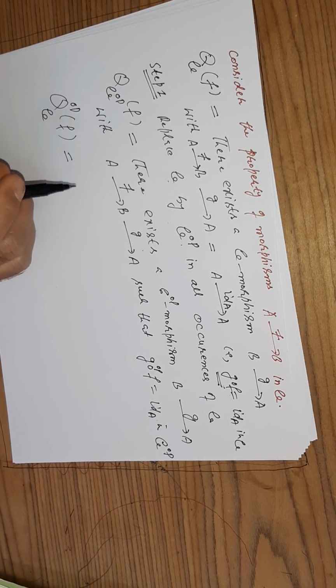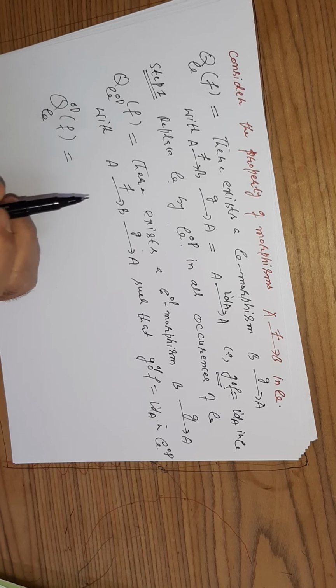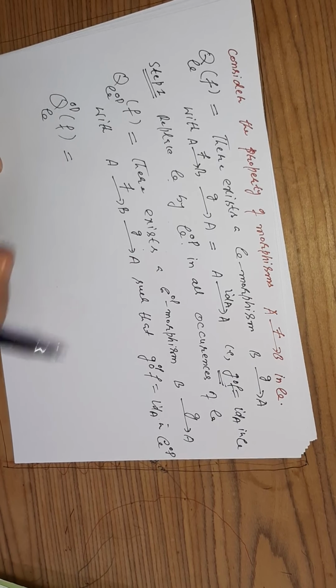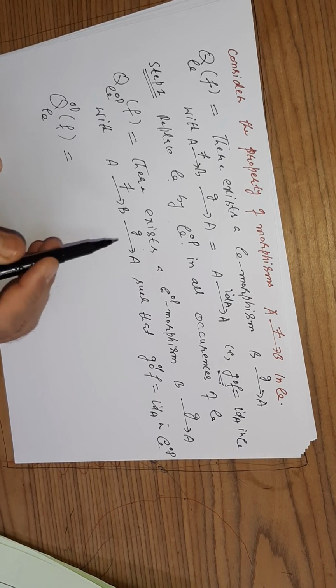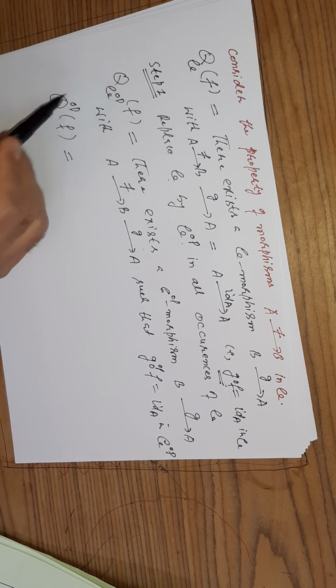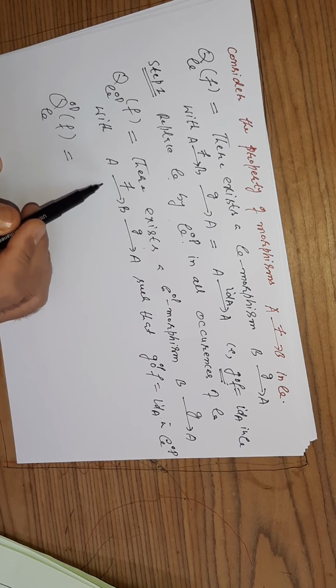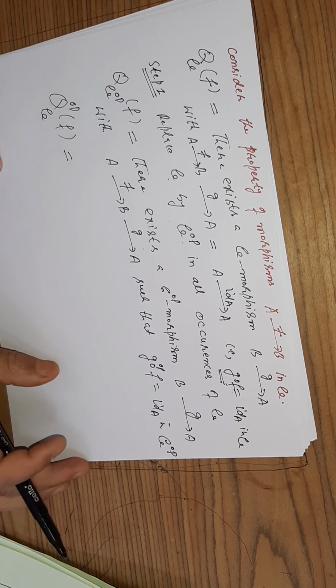How? I can come from C opposite to C, and the statement would be an equivalent statement, the opposite statement, because when I am coming from C opposite to C, the direction of the arrows would be changed.